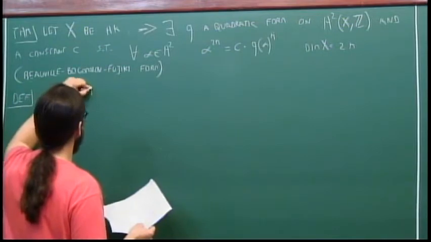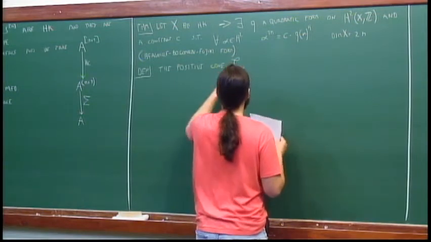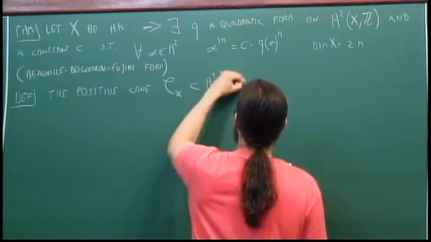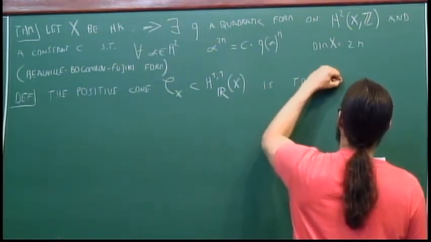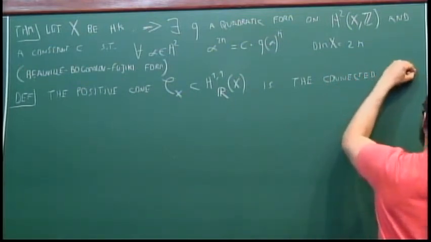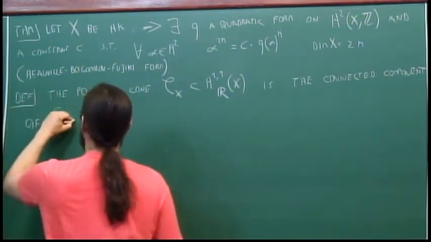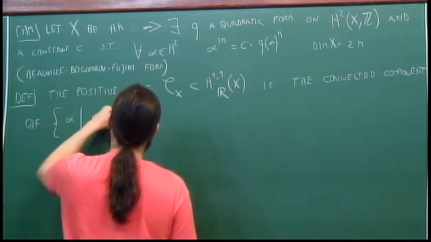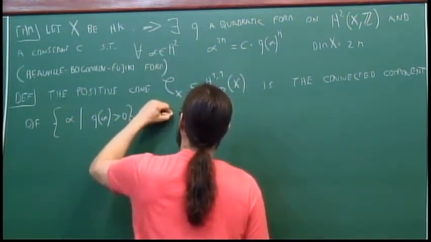So the positive cone C_X inside the (1,1) real part of X is the connected component of the cone of positive classes which contains a Kähler class.